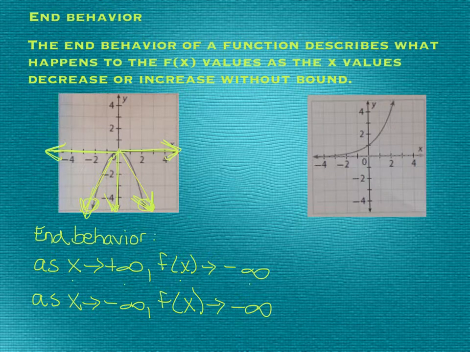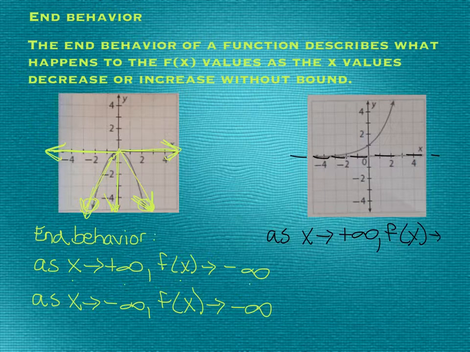So here's another example. This is a function that you'll learn about later this year. It's approaching what we call an asymptote here. So when we talk about our end behavior now, we're going to say as x approaches positive infinity, the function f of x approaches, and if you look at it, as x is going to the right, y is going up, see? So f of x approaches infinity.